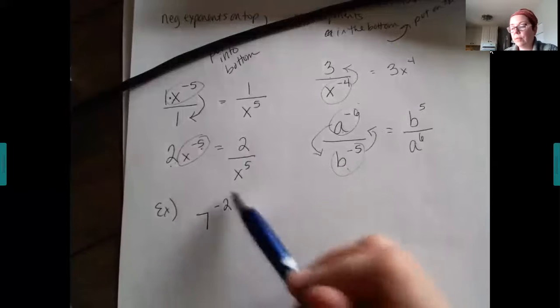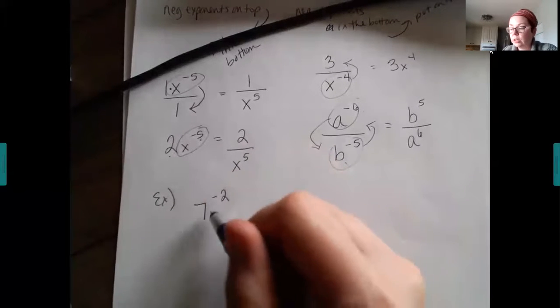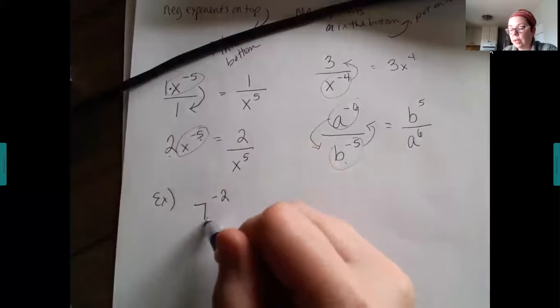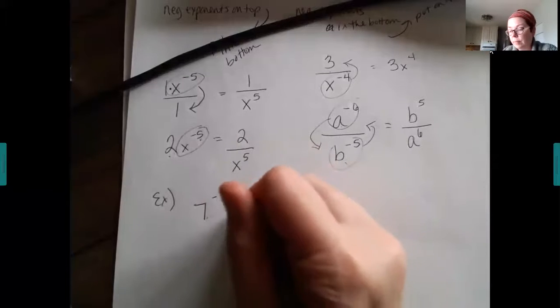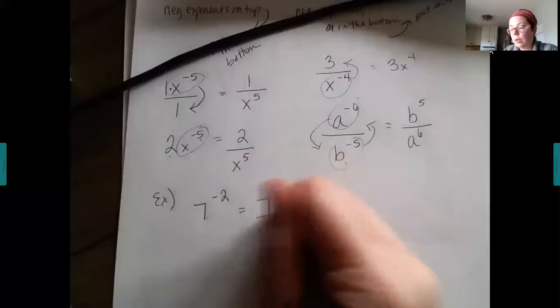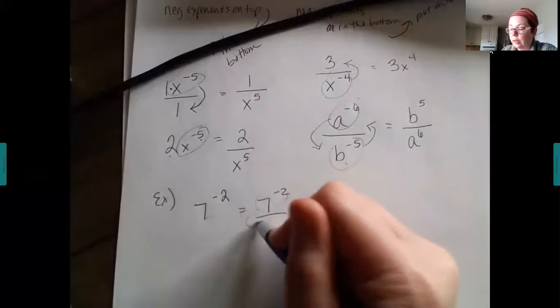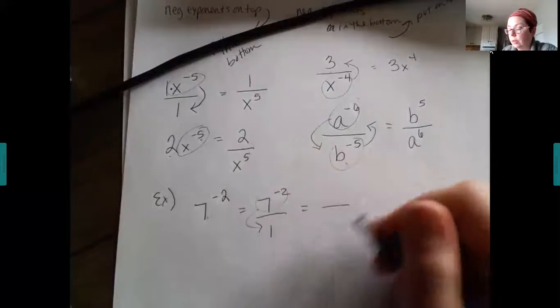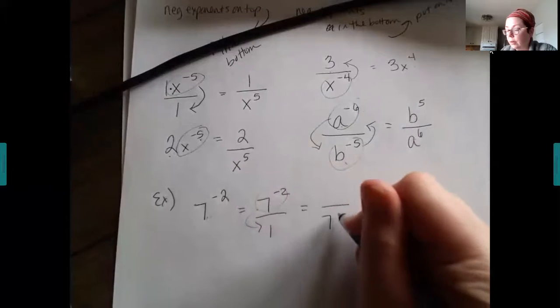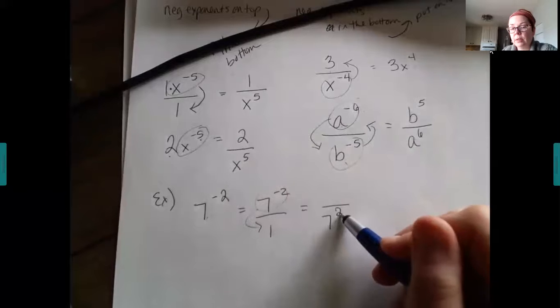The point is to simplify this in a fraction form. So again, this is 7 with a negative exponent on it. We don't see a bottom, but we can make a bottom. And now I'm going to move this guy downstairs. Okay. And when I do, that exponent becomes positive.